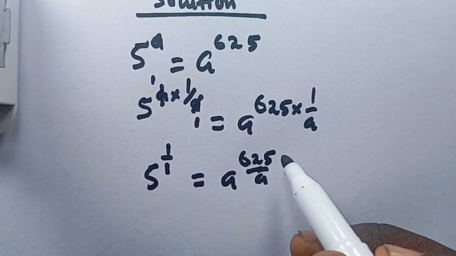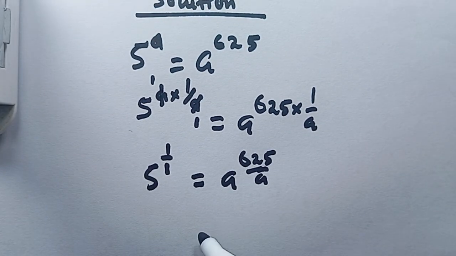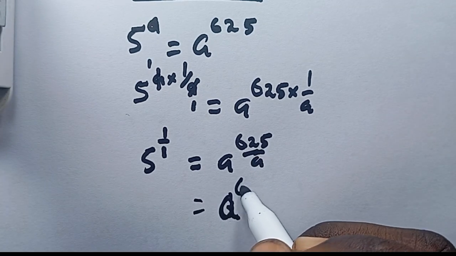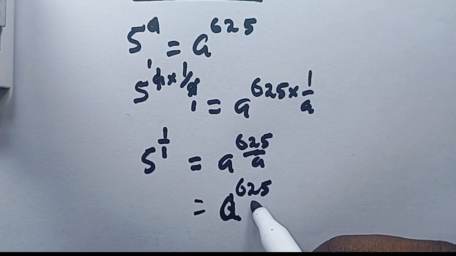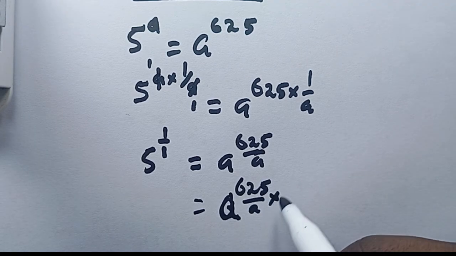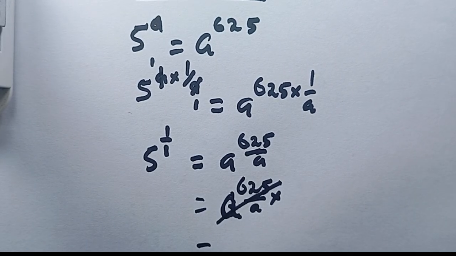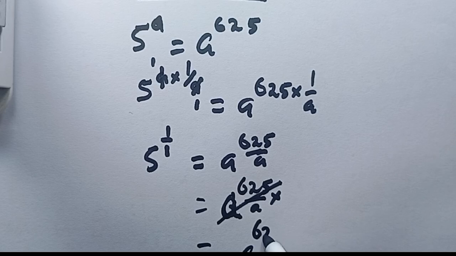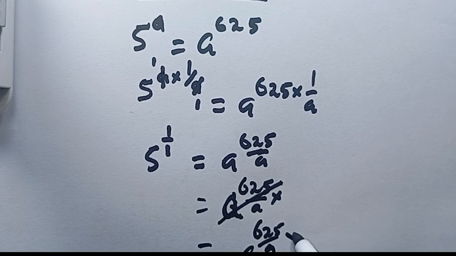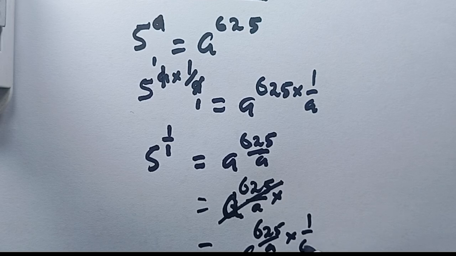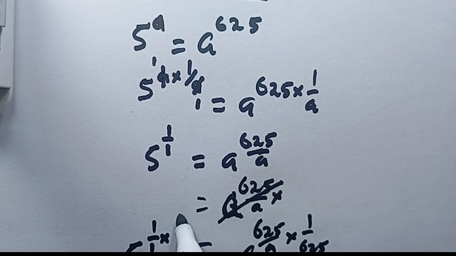So I will also divide through by power 625 so that I'll be able to eliminate this. Let me rewrite this: this is a power 625 divided by a. So I'm going to divide through by 1 over 625, and I will also do the same here at the left hand side, 1 over 625.